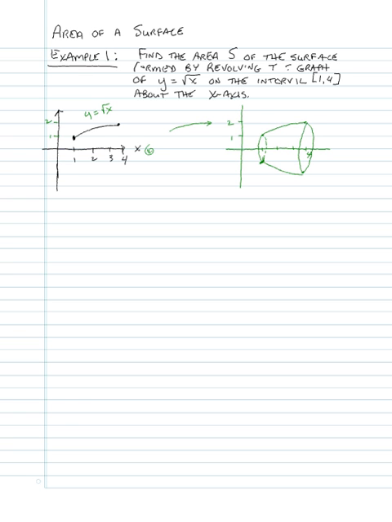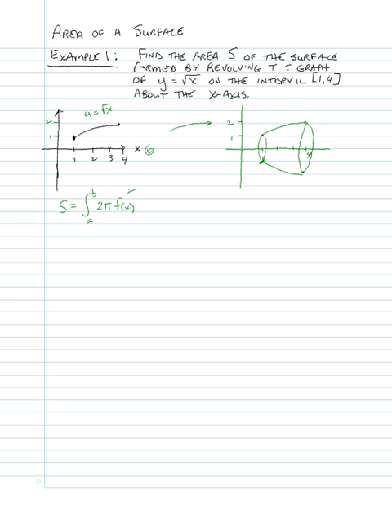Now, in general, remember the surface area is given by this formula. It's the integral from A to B. Those are where the curve starts, the x value A, and where the curve ends, the x value B. So in this case, that's 1 to 4, times 2 pi times f of x.